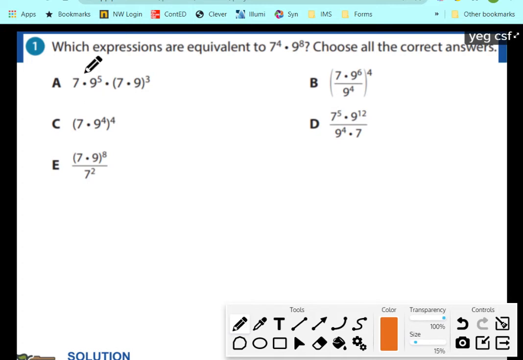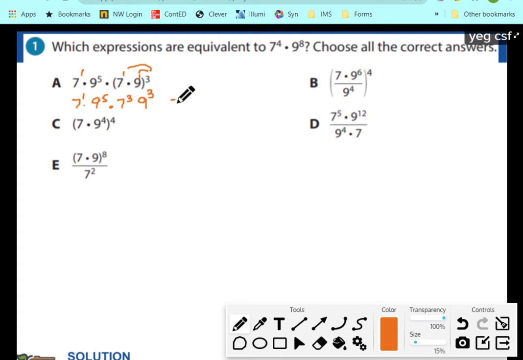Now let's look into the first one. See, this is 7 to the 1 and 7 to the 1. Before I add these two, there is an exponent here. So I need to distribute this 3 first. So if I distribute that, what I'm going to get, 7 to the 3, because 3 times 1 is 3, and 9 to the power 1 times 3 is 3.